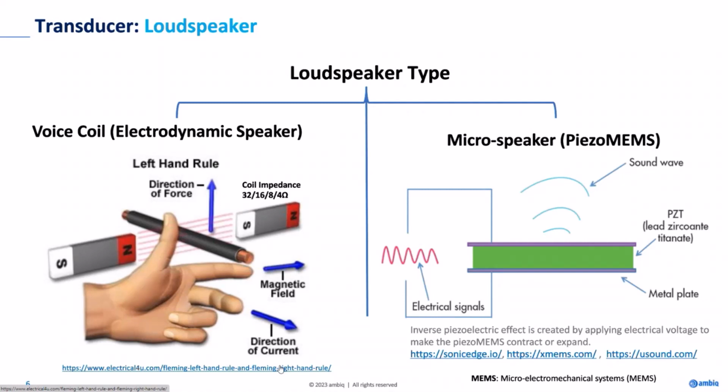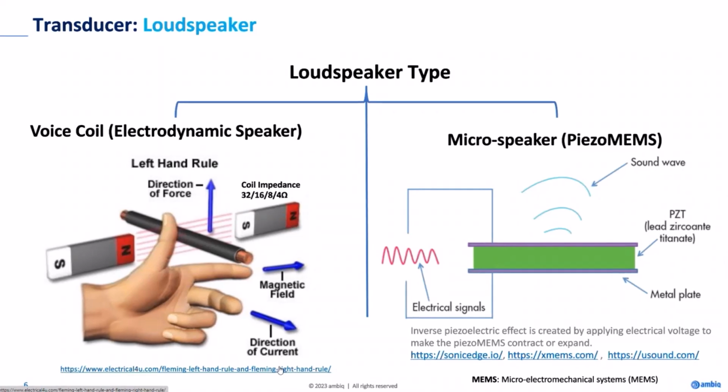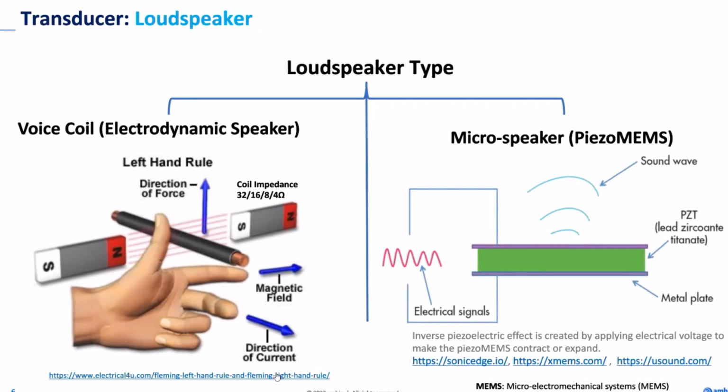Based on the data sheets from these manufacturers, they outperform voice coil-based systems in terms of power consumption and size. For example, if we take an 8 ohm or 4 ohm voice coil and compare that with the MEMS-based loudspeaker, its size is 1/10, and power consumption is also 10 times less than what you will have from the voice coil.